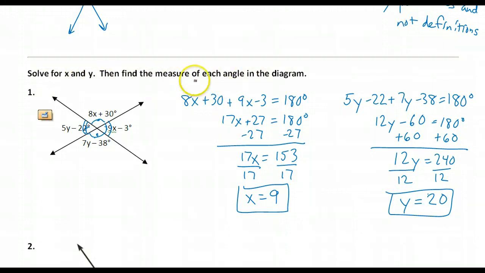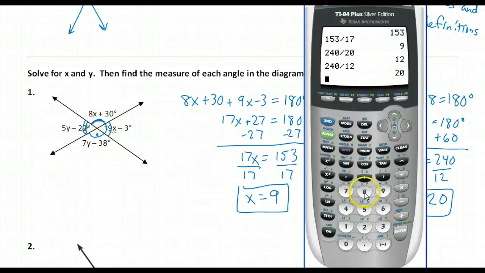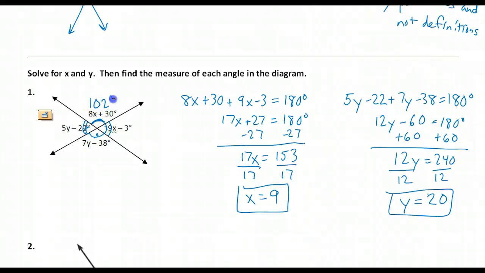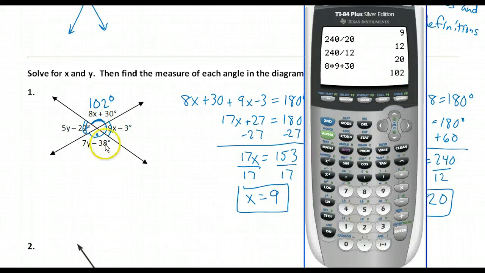Now I need to find the measure of each angle in the diagram. Well, this angle is 8x plus another 30. So if I have 8x's, I have 8 9's plus another 30. And this angle is going to be 9x minus 3. So I'm going to have 9 9's minus 3.